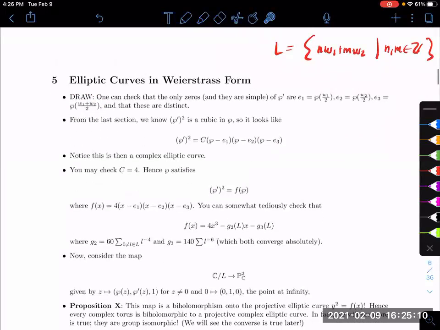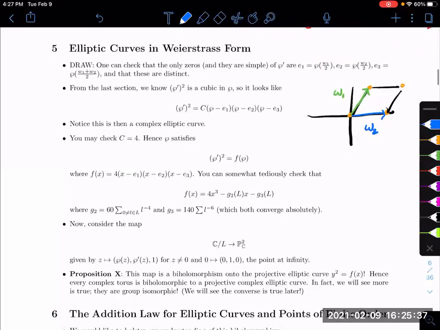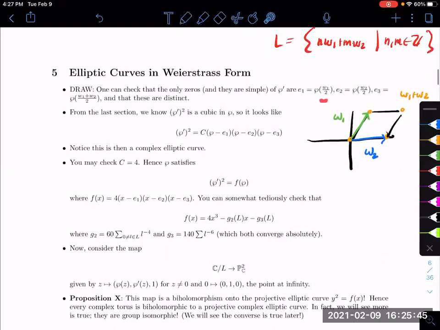By the way, just so you have a visualization to go with these zeros, let me draw the fundamental parallelogram again and put those zeros on it. If I call this first vector W1 and this one W2, then this orange dot out here is W1 plus W2. Where do W1 over 2, W2 over 2, and (W1 plus W2) over 2 live?